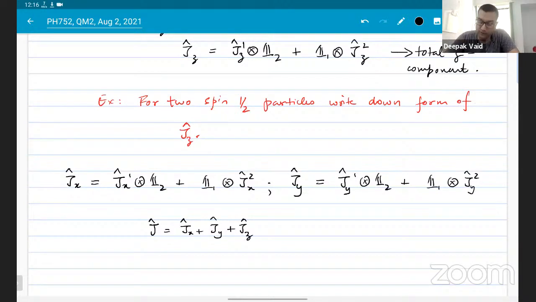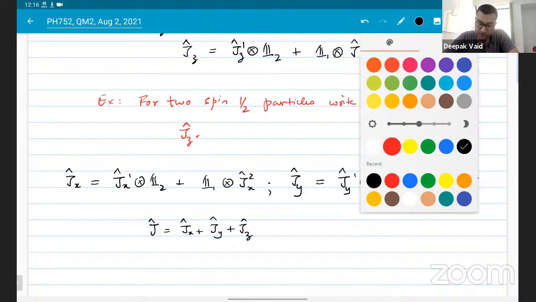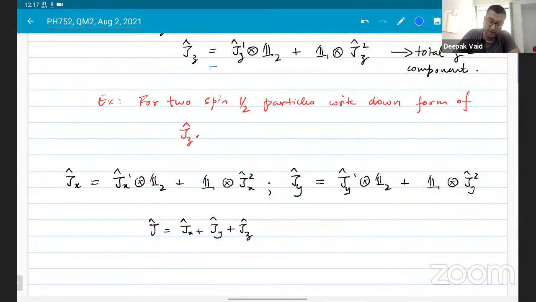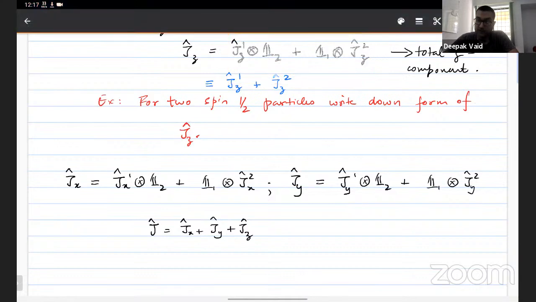Now, what you will find very often in textbooks, and this is very important to keep in mind, is this expression without all this tensor product business. But whenever you see such an expression, when they're talking about composite systems, what it refers to is actually something like this.